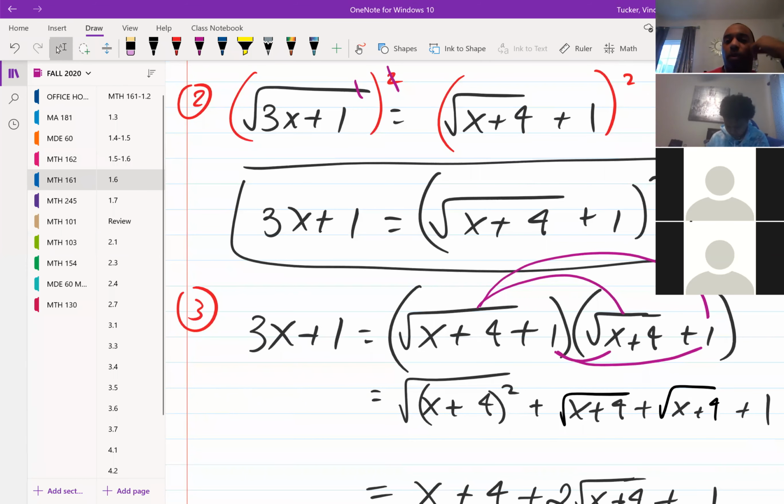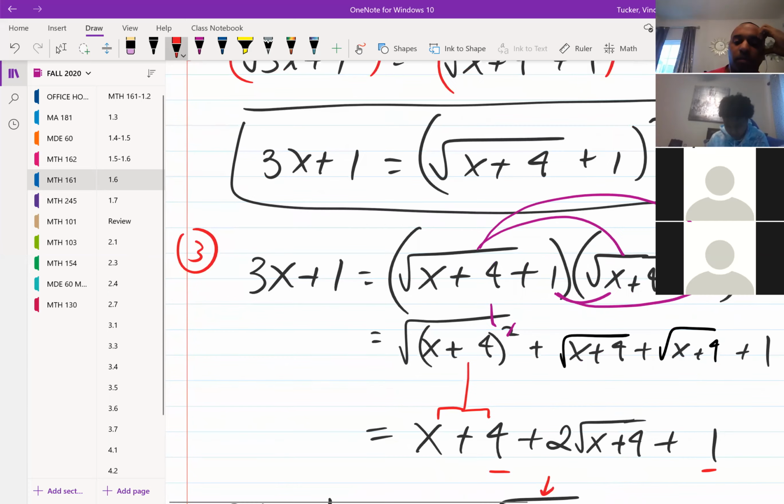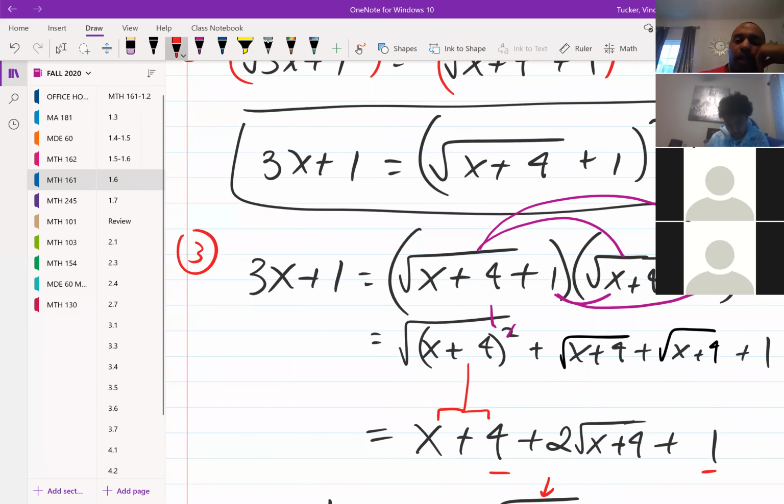So now, when we go to simplify, this square and square root will cancel, leaving us with just this x plus 4. Also, we have like terms, and there's a 1 in front, so I can add both of these, and that'll give me 2 square root of x plus 4.